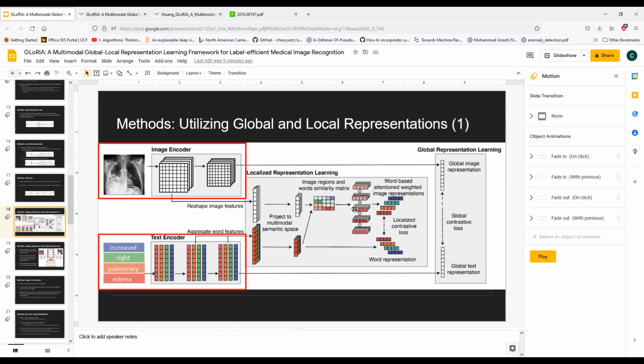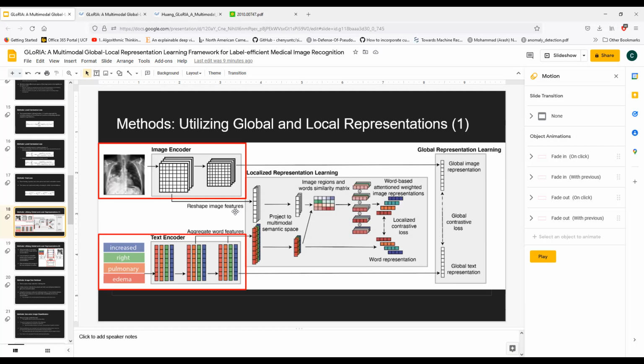So similarly for the image, you have these reshaped image features, and they can attend, you also have attention from the words. So how do these different words have some effect on the image region?